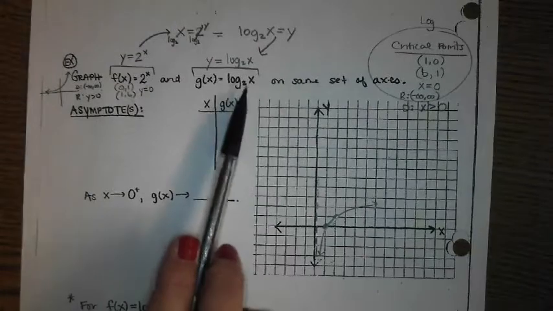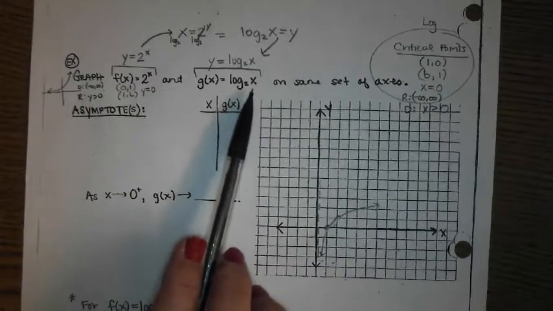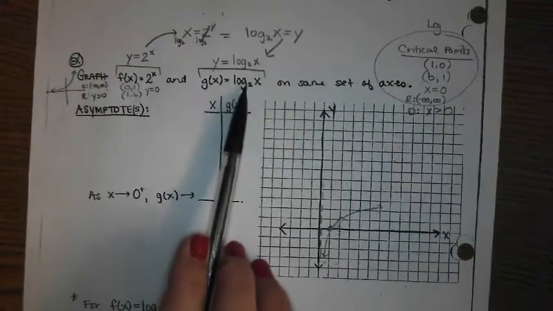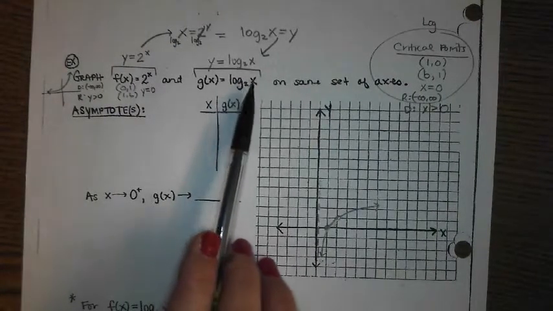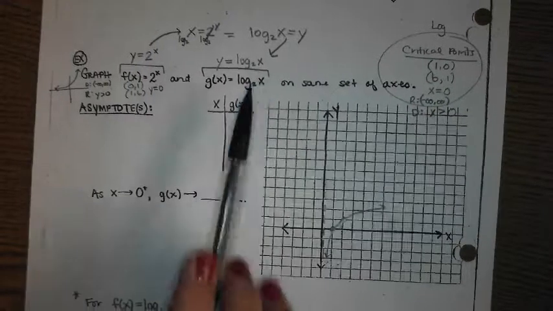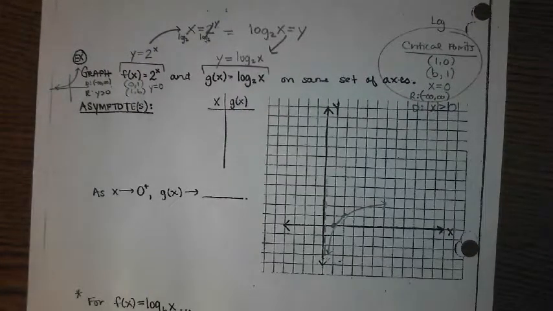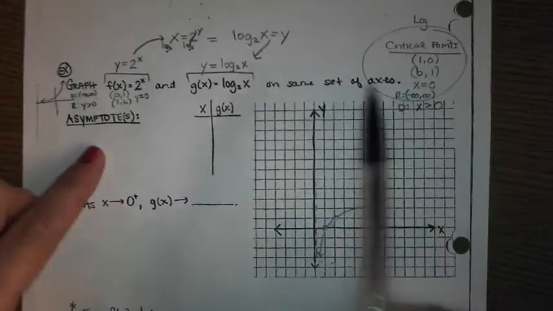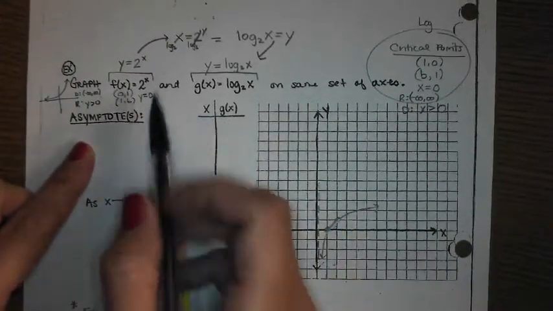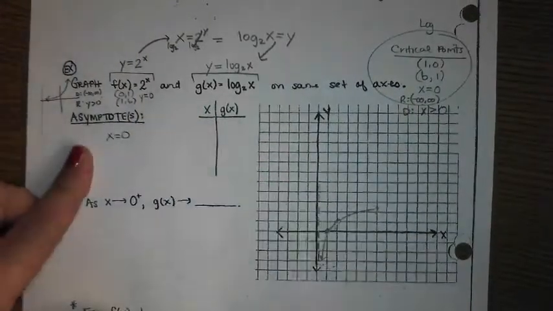And going to that log function, hopefully you recall from last year, you cannot take the log of a negative number. You cannot take the log of 0. Yes? So the information they were looking for right here, I wrote over here. For g of x, the asymptote is x equals 0.